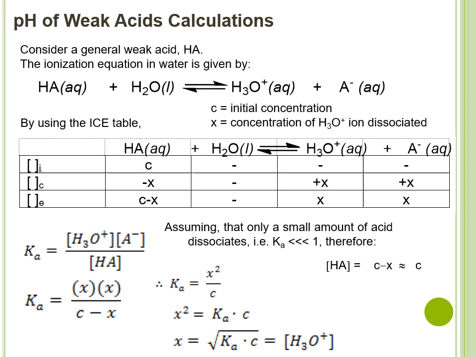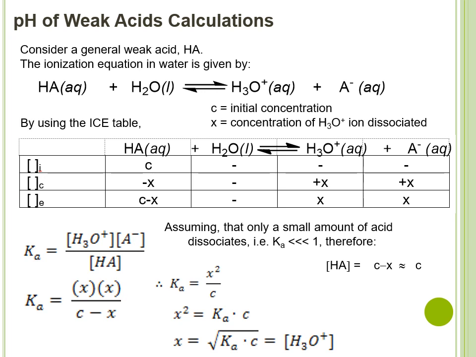How do we find the concentration of weak acid? First, we write the ionization equation. We can see here HA dissociates partially in water to form H3O+ and A-. Given C is the initial concentration and X is the concentration of H3O+ ion dissociated, we use an ICE table to get the concentration of initial, change, and equilibrium.